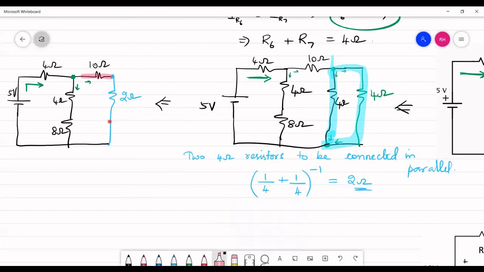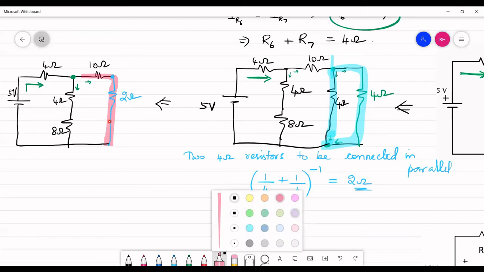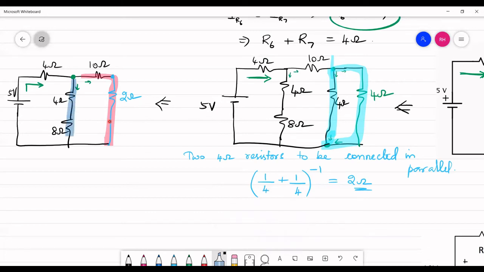So whatever current you find here in 4 ohm, that is going to flow through 8 ohm. So let me combine two steps together and say 8 ohm and 4 ohm are in series, and 10 ohm and 2 ohm are again in series.